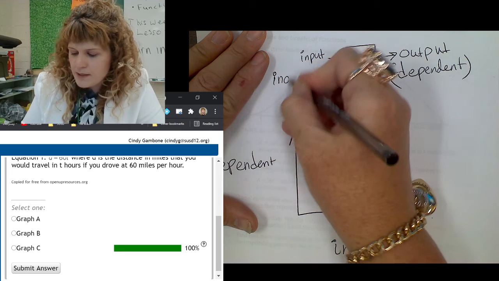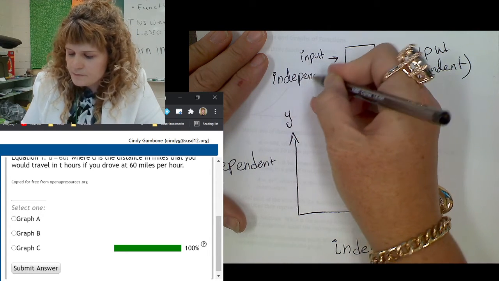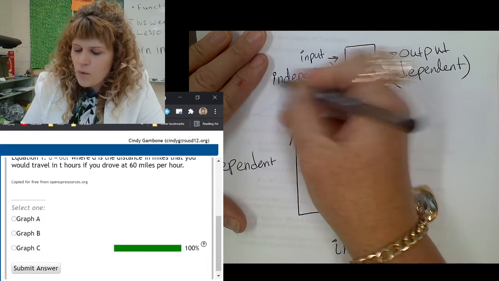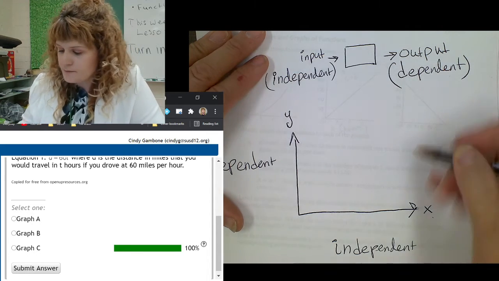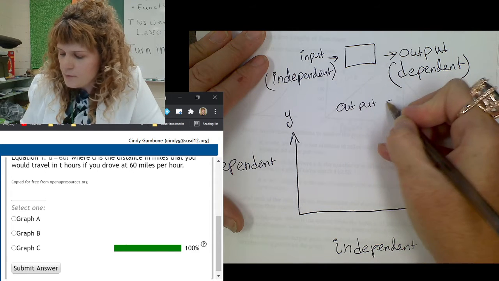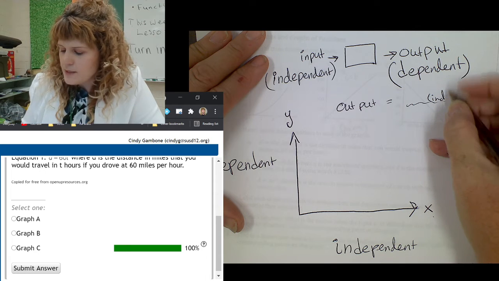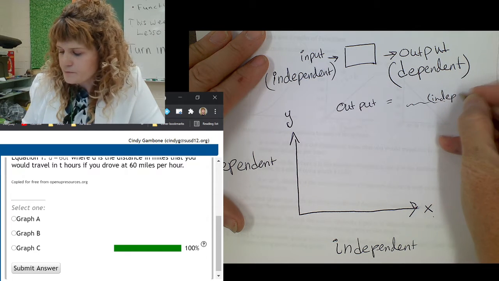The input is independent of anything. When you write an equation, you start with the output. The output equals something with the input or independent variable.